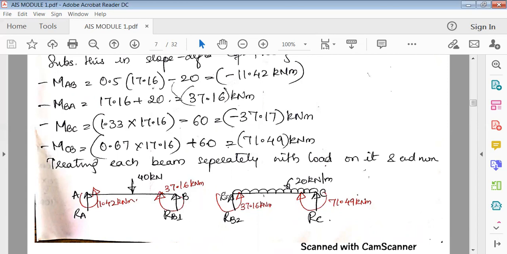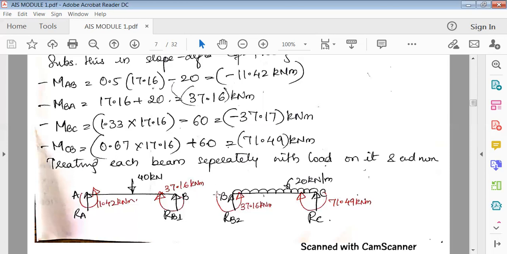Similarly, in span BC, because B has two spans, we have split the reactions. In BC, I'll name this RB2, and at C it is RC. Again, C is a fixed support, so I'll treat it as only one vertical reaction; the horizontal movement is neglected.